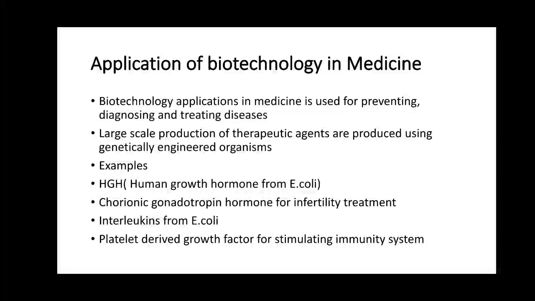Hello students, in the previous class we discussed the application of biotechnology in agriculture. The important application is the production of GM crops or GM plants, that is genetically modified plants.